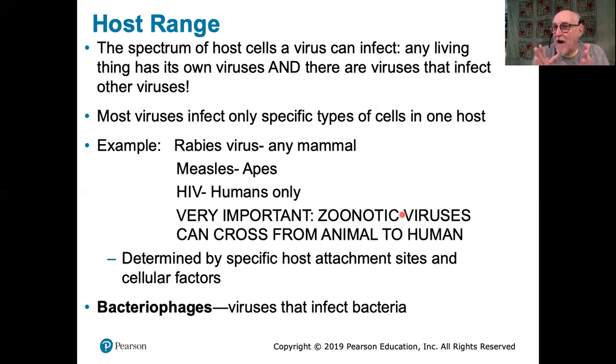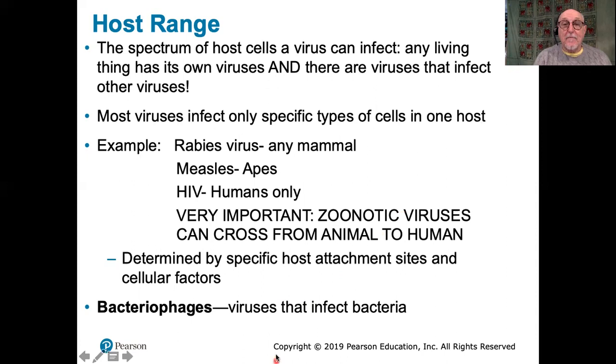That's a very narrow range. There are others. Measles, for example, infects all of the great apes. Rabies virus can infect any mammal, and so on. Varying ranges of hosts, and within the hosts, a very specific range of particular cells that they infect.